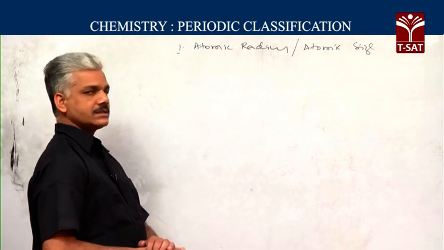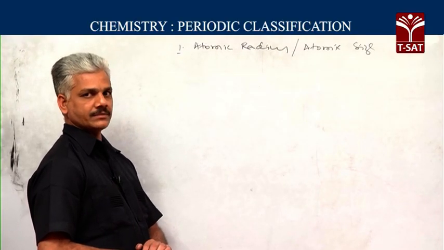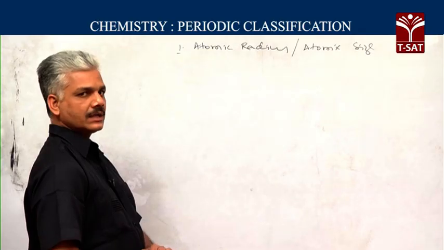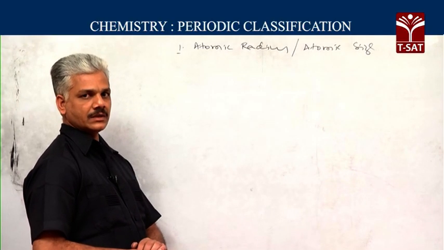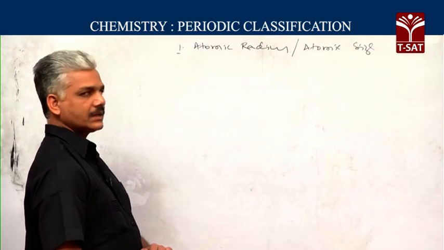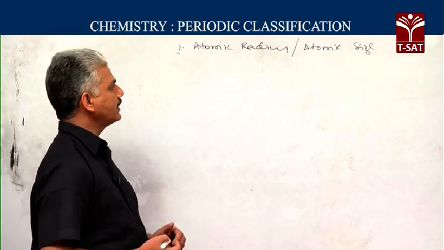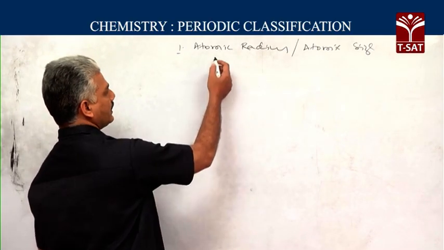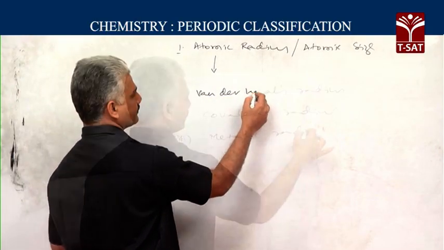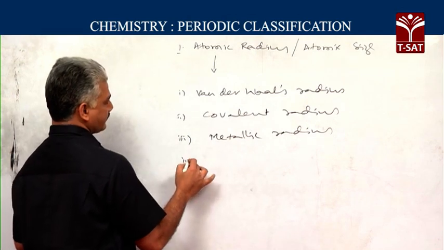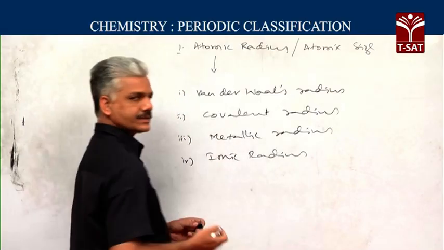However, as it is, atomic radius cannot be calculated for most of the elements, because except inert gases, all other elements are present in the form of molecules only, and the atoms are bound by various types of bonds. That is why instead of atomic radius, different terms like van der Waals radius, metallic radius and ionic radius are in use.